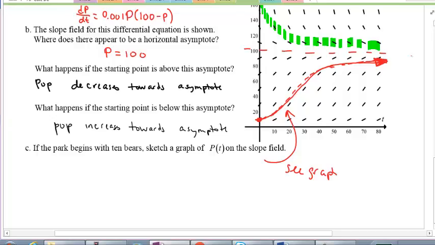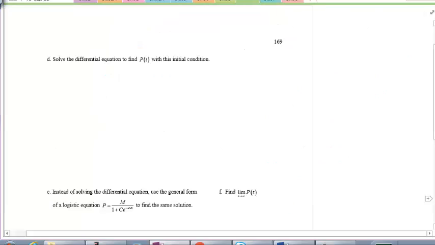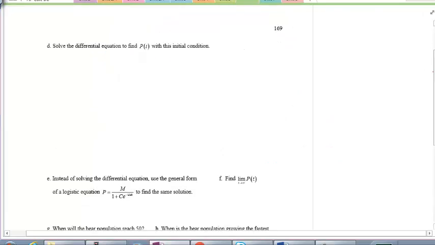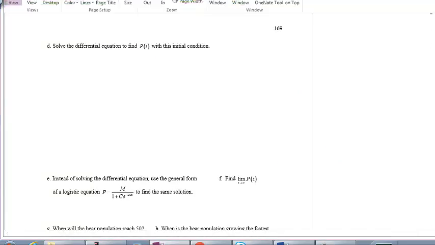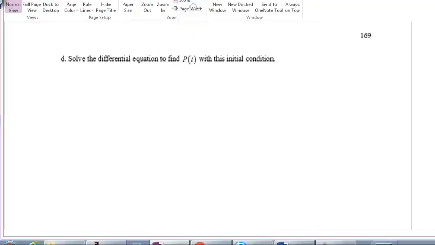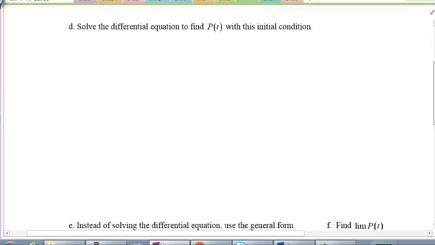Okay. Now turn the page, and this is the part where I asked you to know last day's material really well. Because now I'm going to ask you to solve that differential equation.